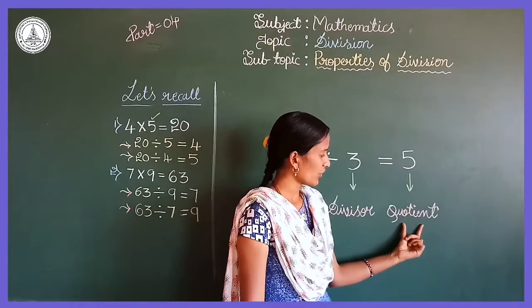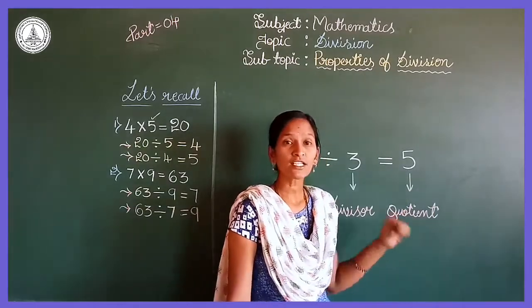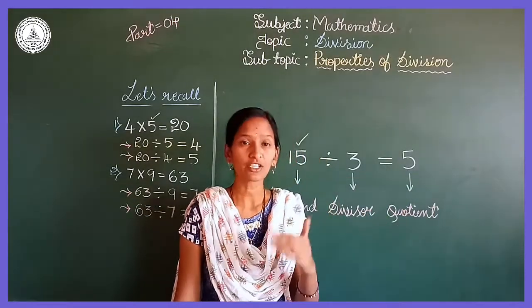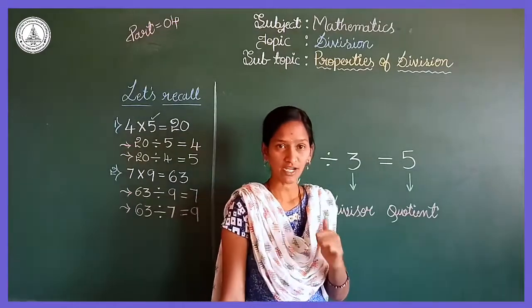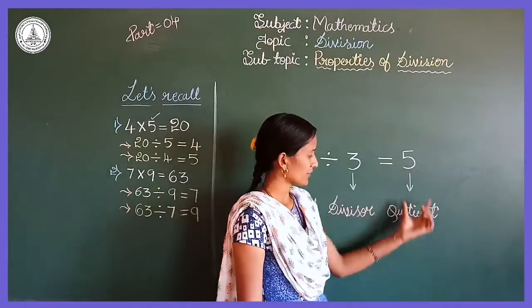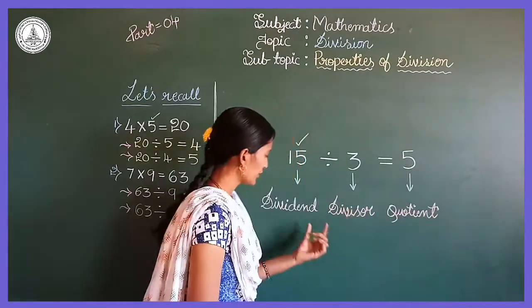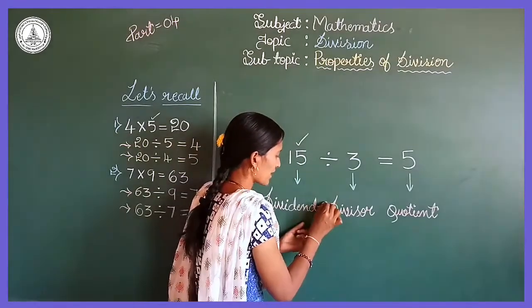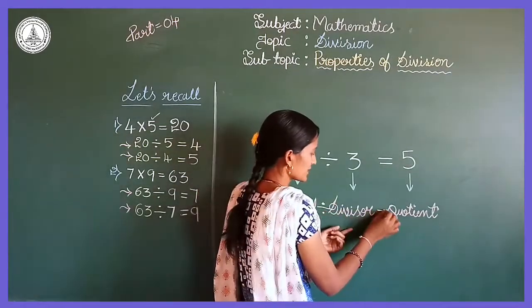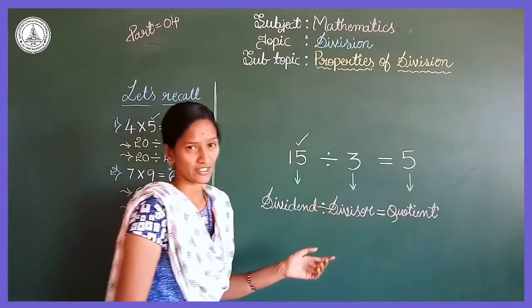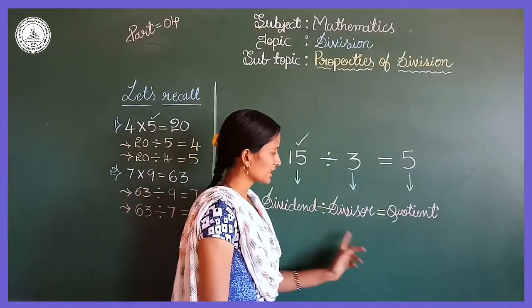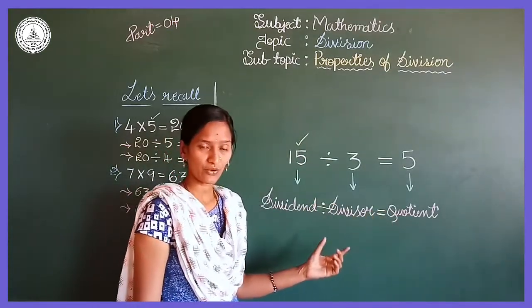This 5 is called a quotient. The answer obtained in division is called a quotient. See, dividend divided by divisor is equal to quotient. So these 3 are the new words.